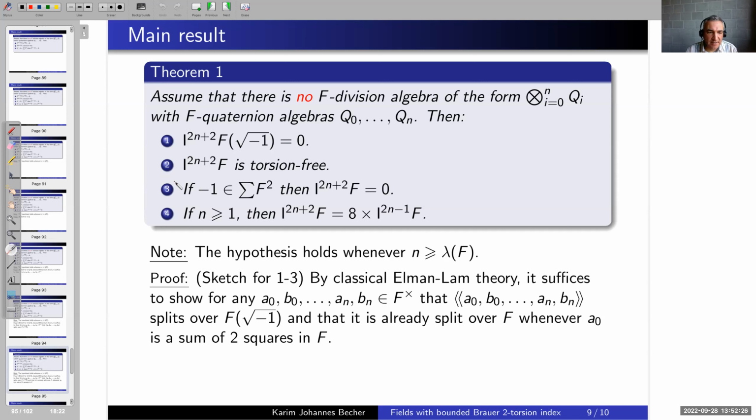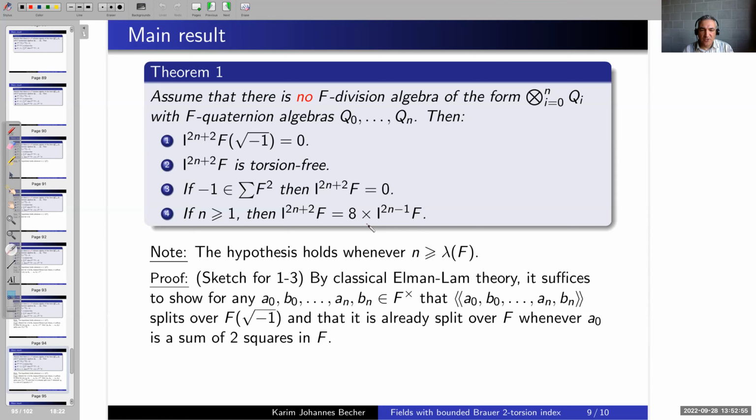I don't say too much on number 4. Well, I say something, yes. You show this in several steps. First of all, what you get easily is basically already captured in 1, that I^(2n+2)F is 2 times the previous power of the fundamental ideal, so I could write 2 times I^(2n+1)F.